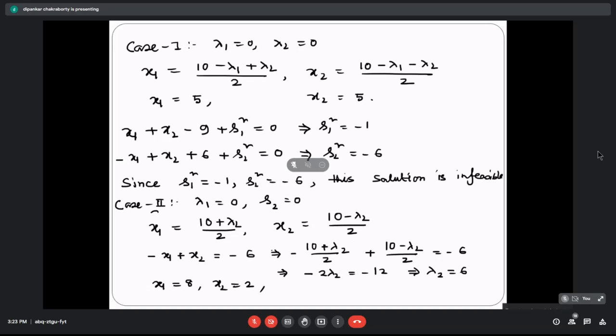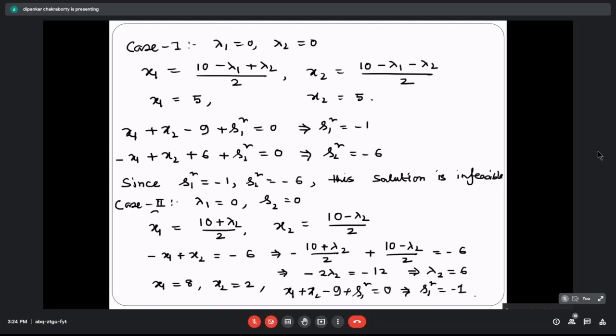Now the thing you need to check is the feasibility, and you are going to check it by finding the value of s1 square and putting it here, very simple. So x1 plus x2 minus 9 plus s1 square equal to 0. We know the values of x1 and x2, which are 8 plus 2. So 10 minus 9, that is basically 1. So s1 square is minus 1.